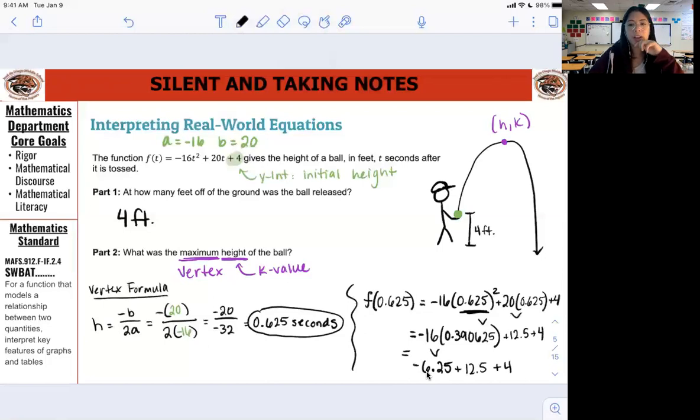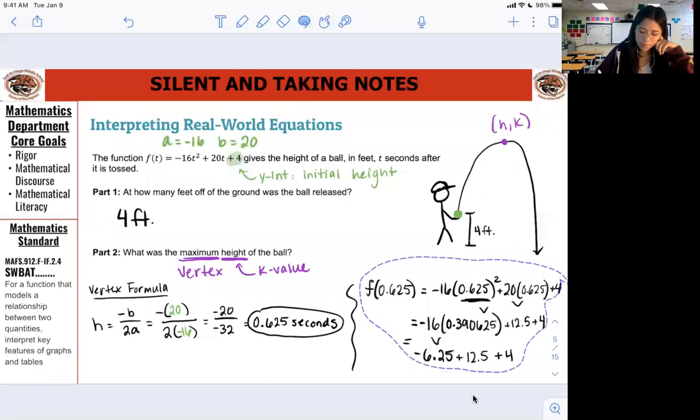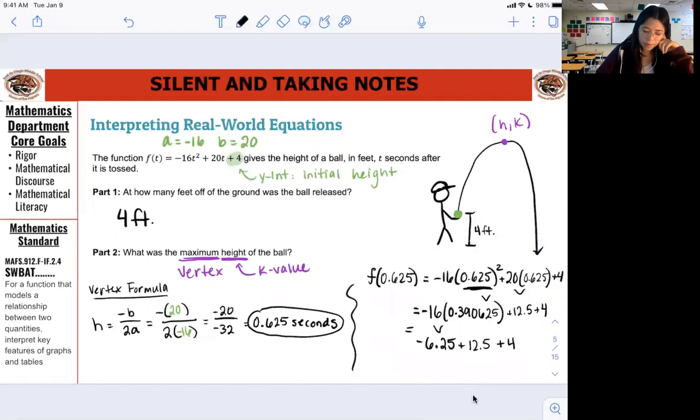Again, use your calculator. Make sure you use your negative sign carefully. So it's negative 6.25 plus 12.5 plus 4. What do we get? 10.25. You got it, 10.25. And what are my units now? Feet.